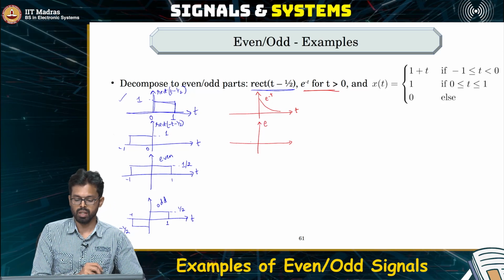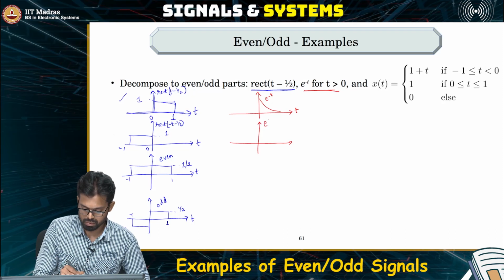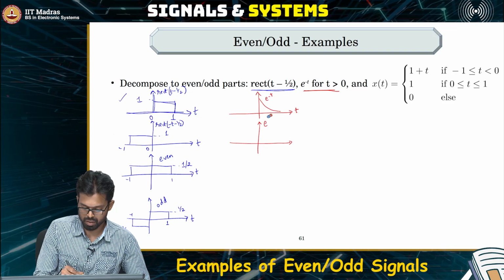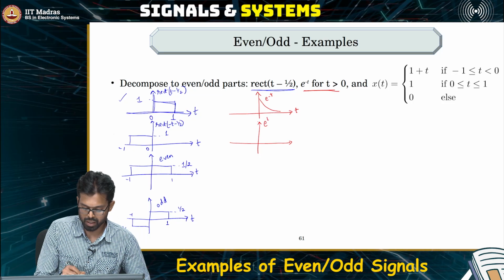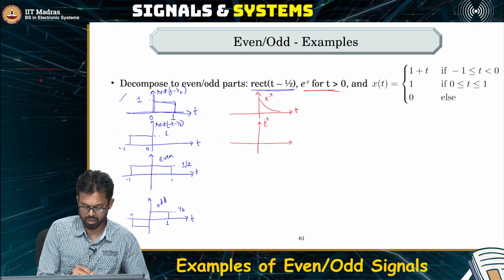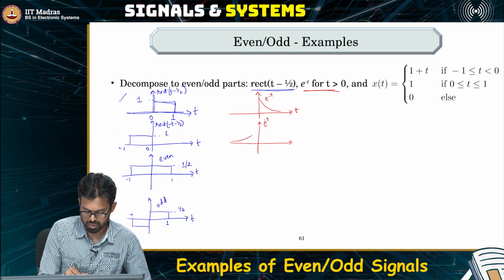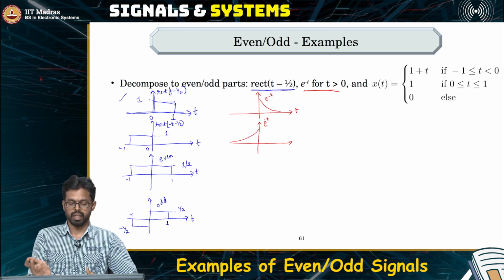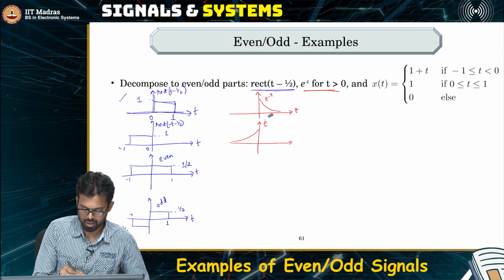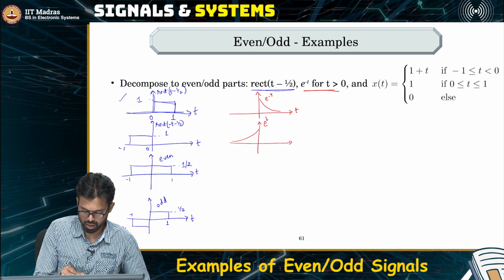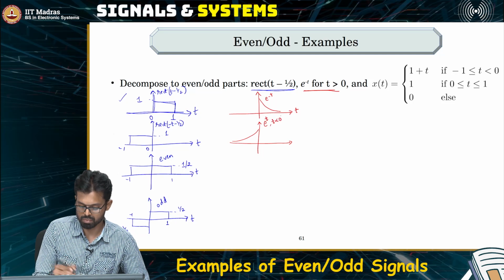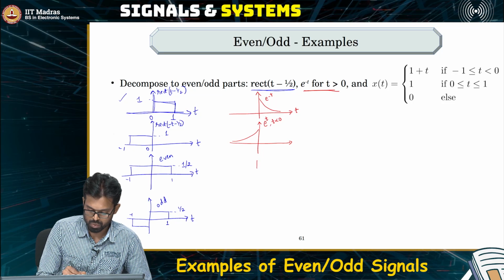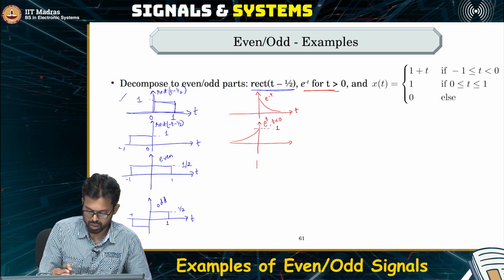This is simply e power minus t when t is negative, which makes this e power minus of minus t. This is what you get. So this is the negation of this. In other words, you can say this is e power t for t less than 0. That's the time reversed version. Now, of course, this value is 1.